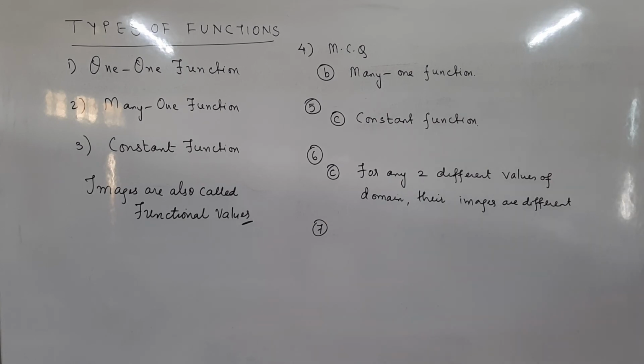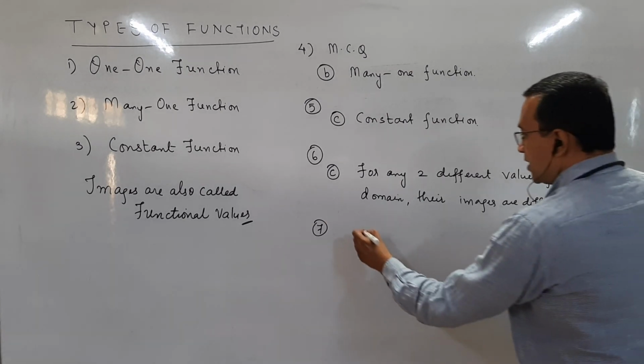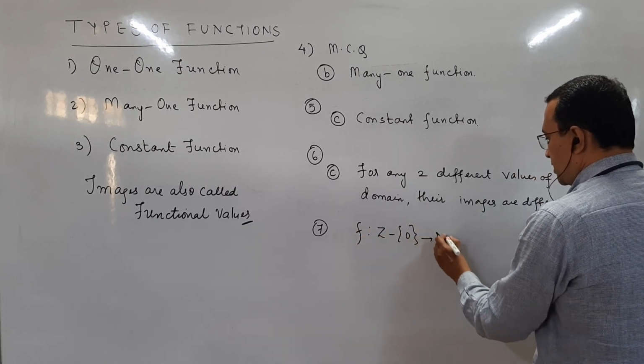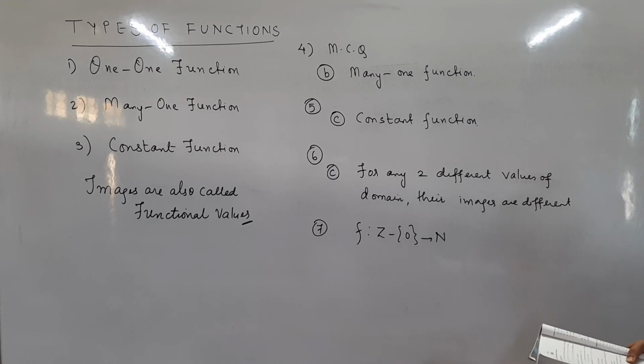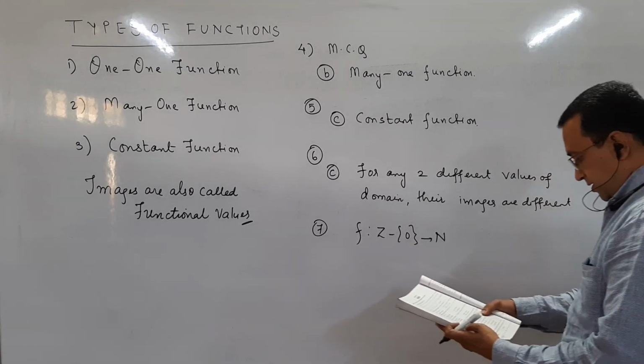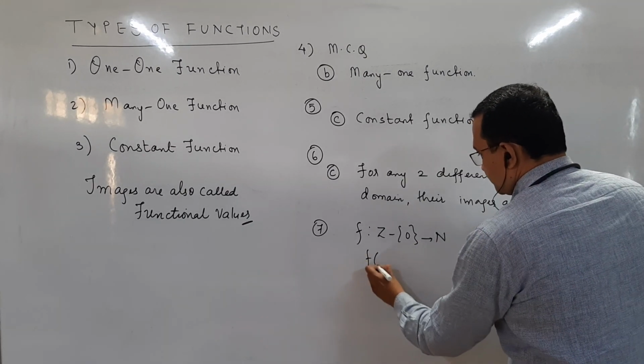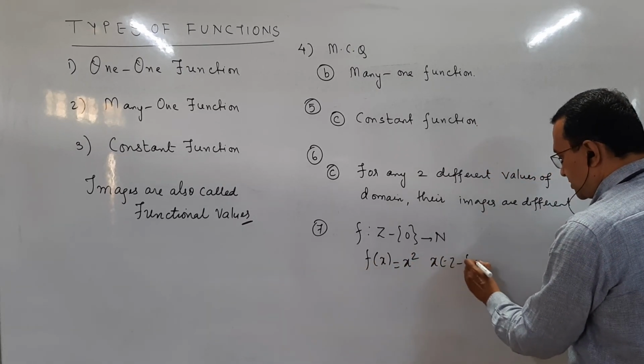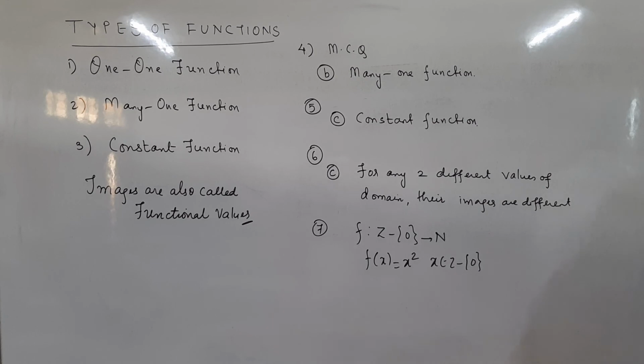Now MCQ 7. f is a function defined from Z minus 0 to N, where 0 is removed from the domain, and f(x) is equal to x square, and x belongs to domain Z minus 0. Whenever there is a square term, we have to be very careful.